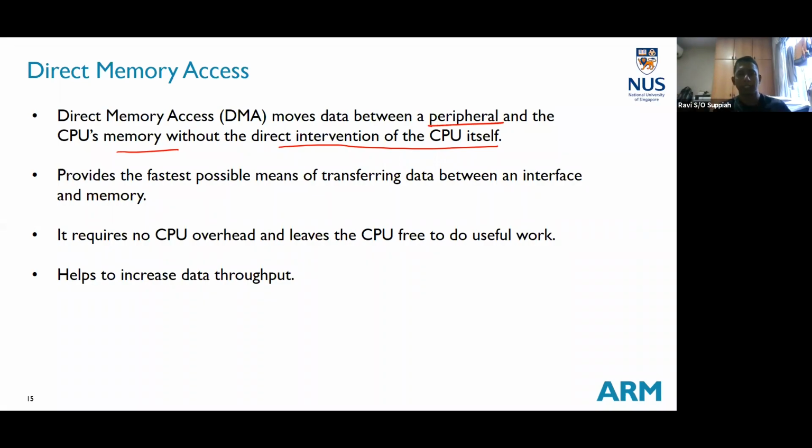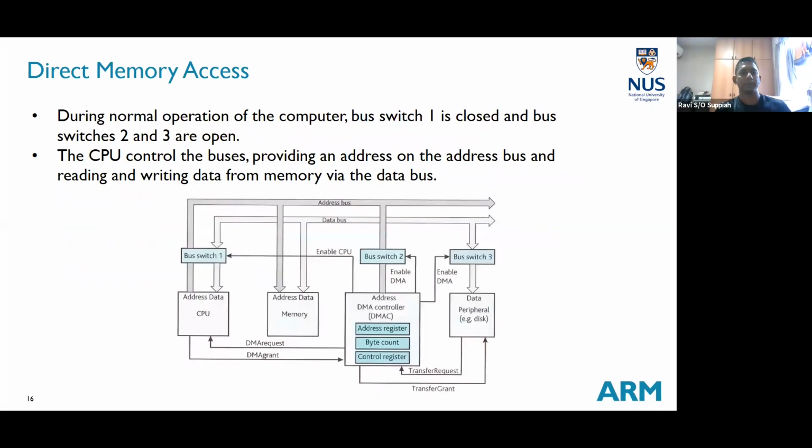I need to fetch the instruction that says copy data, then execute it, then have another instruction to paste the data somewhere else. So even though I'm moving data between memory locations, it involves the CPU a lot because I'm executing instructions to perform this memory move. With a DMA, you can make this happen in the background without the CPU getting involved. It's the fastest way of doing it, and it allows the CPU to do other more useful work. So that is the main idea of having a DMA in your system.